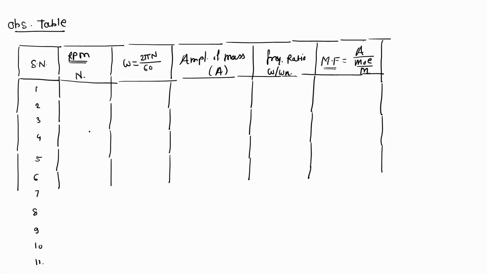So we will start from the zero value. So first reading is the 0 RPM. So omega will be 0. Okay. And at the 0 RPM, even this value will be 0. Then we will select the value 10. That is a 10 RPM.